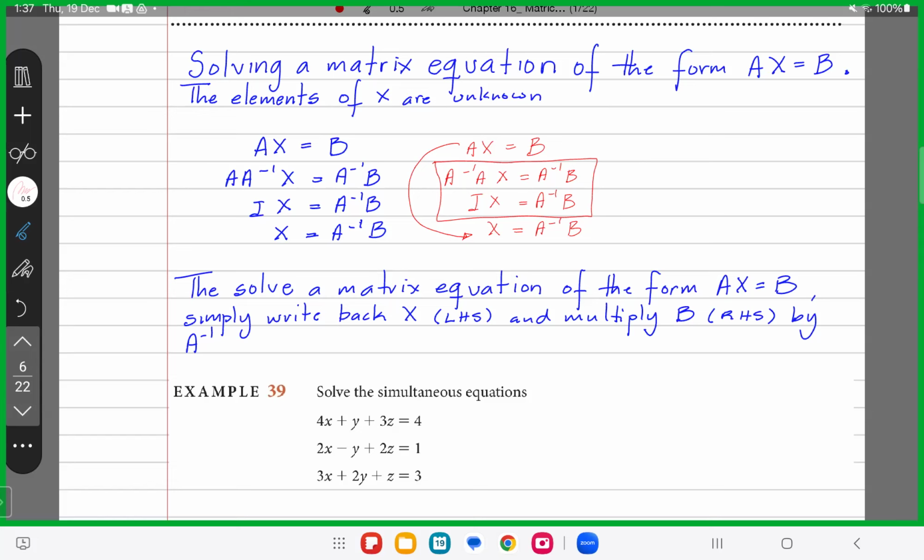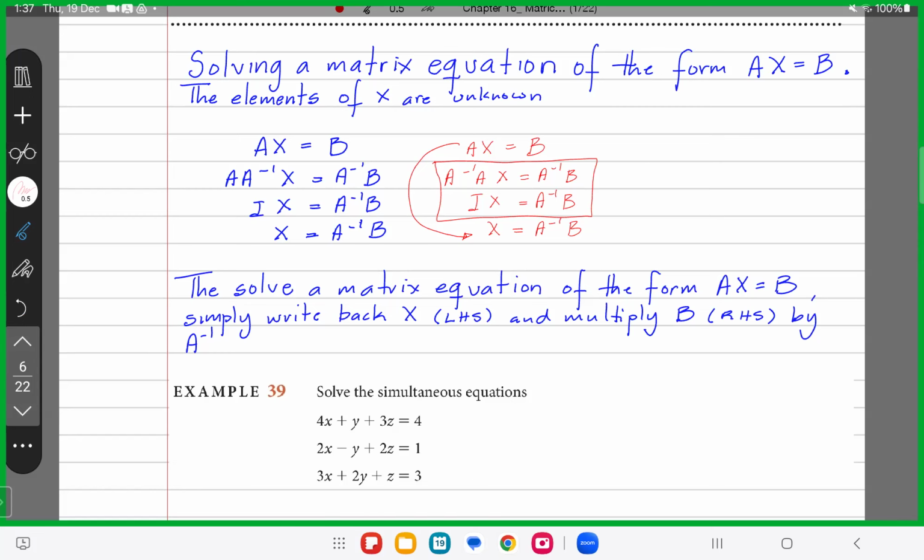Then after we multiply A inverse and B, we'll be able to determine the unknown elements of matrix X.